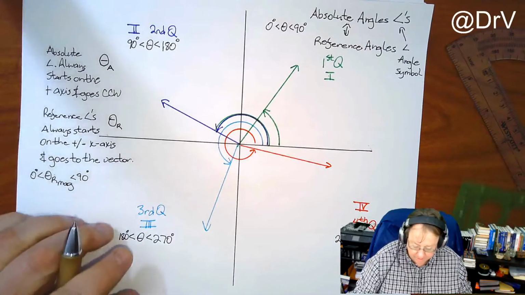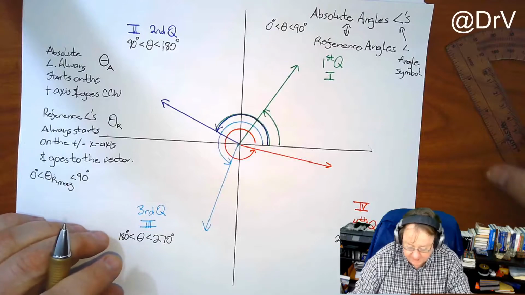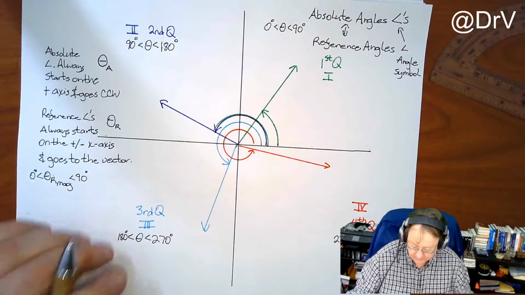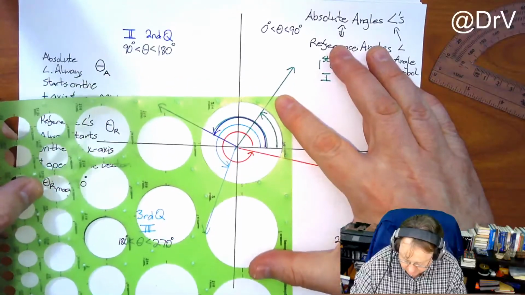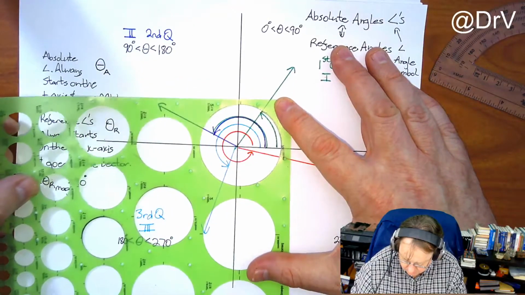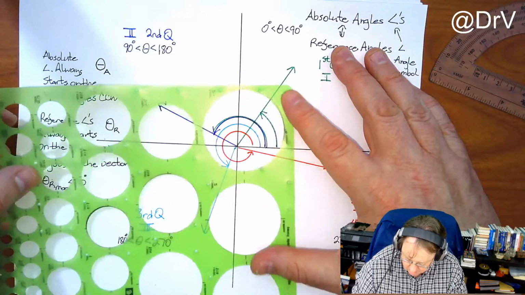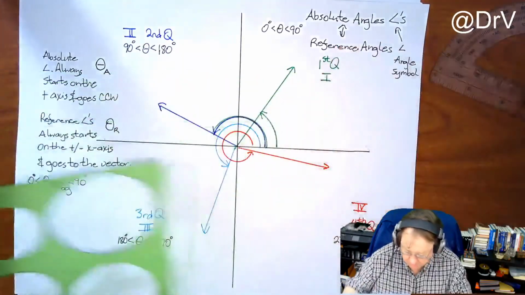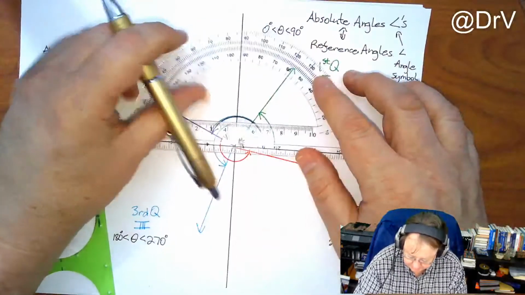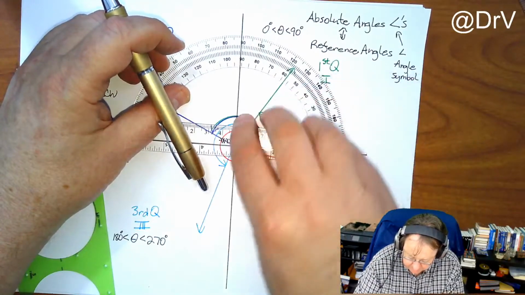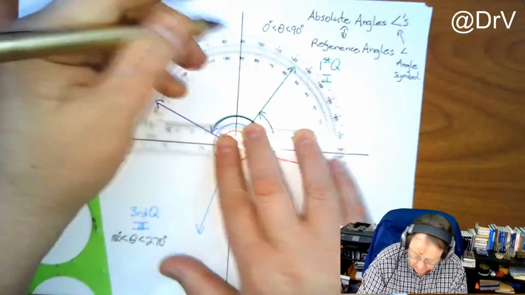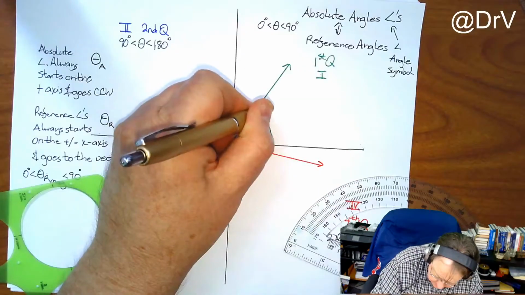And I will mark the reference angles. Let's see. Now, well, this one is easy. The reference angle for the first quadrant, actually, I'm just going to sketch it.